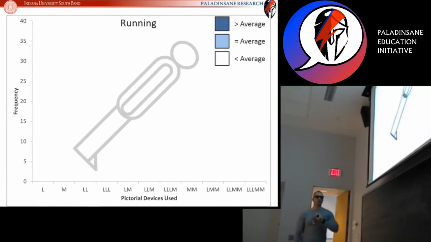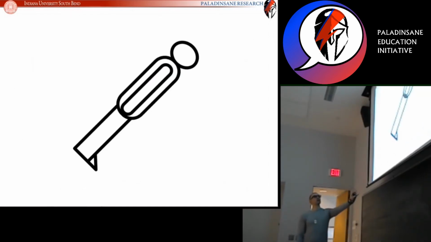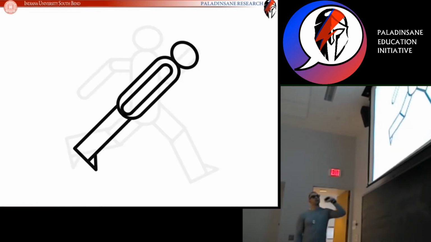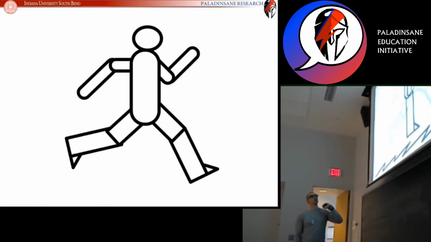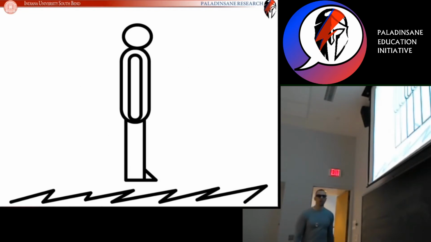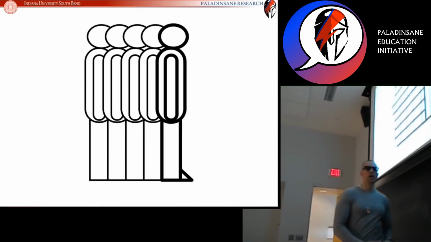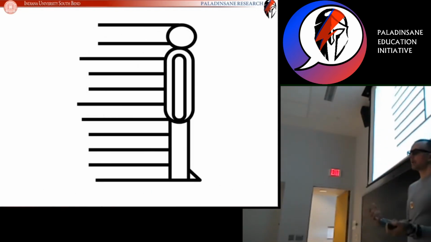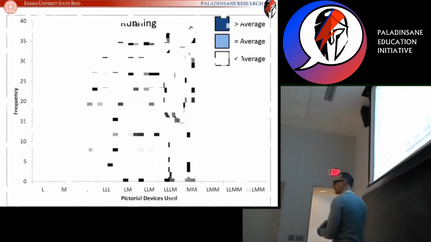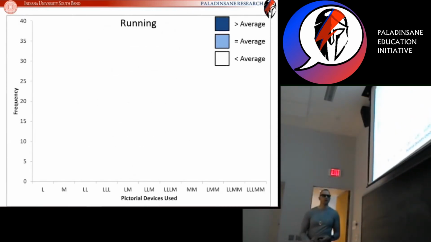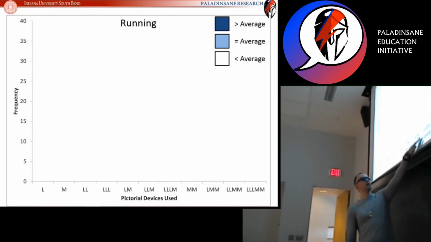So once again, we were looking at single devices: orientation, posture, ground plane, multiple images, and action lines. So what combinations of these 5 devices do professional artists use? And then we can also have, as I mentioned, combinations.